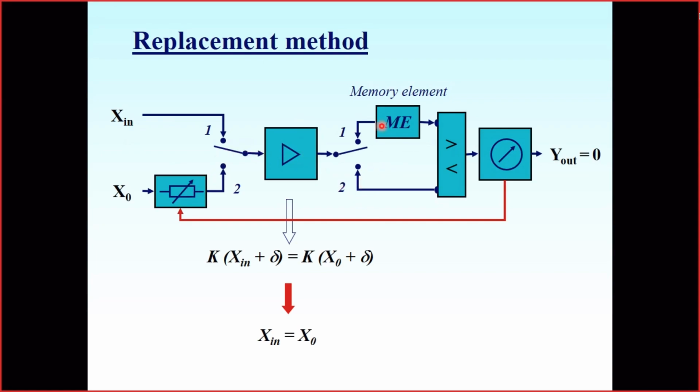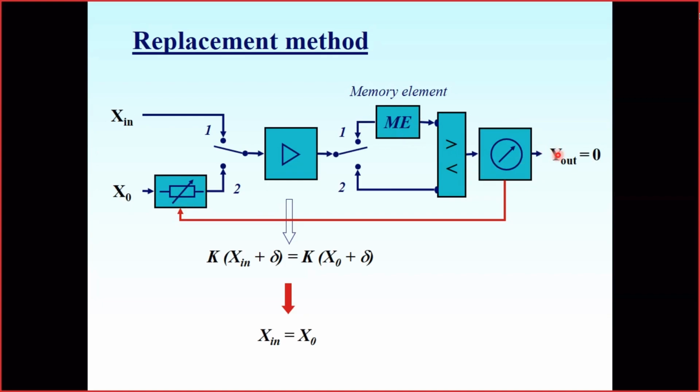Then I switch from my signal to some reference source of the signal and start to balance once more, but now I change not the memory element, but the parameters of the reference source. And I try to balance my comparing device back to zero once more, now changing not the memory element, but this reference source.